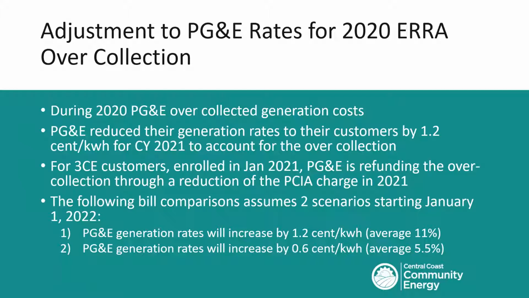They realized that for 2020 they were over-collecting in the generation costs. So they've filed this information, and they've said there's about a 1.2 cent over-collection, and this over-collection is applied to all customers, including 3C customers. So for those that enrolled in January 2021, PG&E is over-collecting with this mechanism through the PCIA charge.